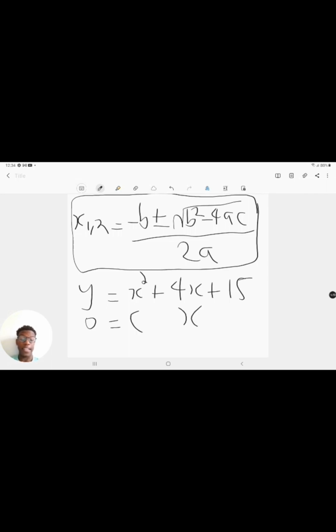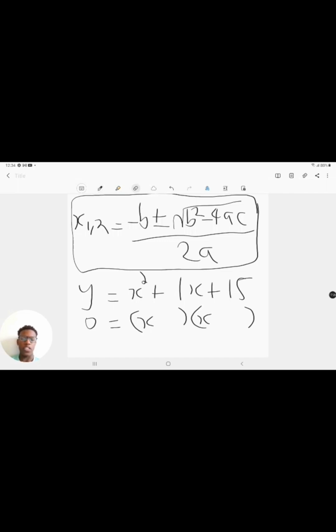If I had to find the x-intercepts, I know that it's going to be (x + _)(x + _). I look for two values that when multiplied together give me 15, but when I add them, give me 4. Do I have those two values? 5 times 3 is 15.